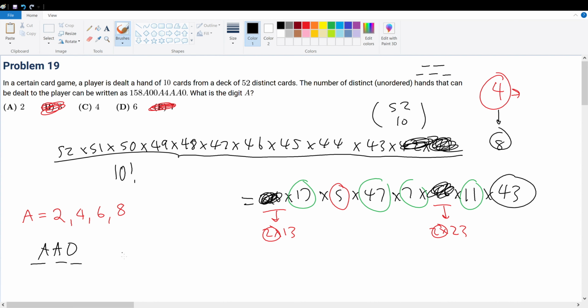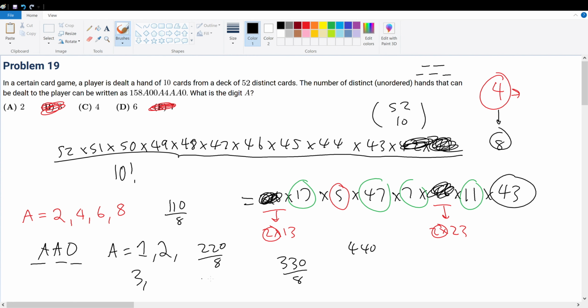So which values of A give a number divisible by 8? Well, 110 divided by 8 won't work, so A could be 1. What about 2? 220 divided by 8 won't work, so 2 would work as well. What about 3? 330 divided by 8 won't work either, so it could be 3. What about 440?